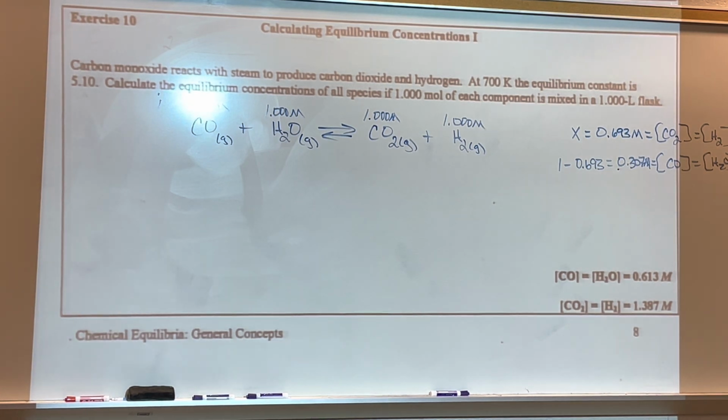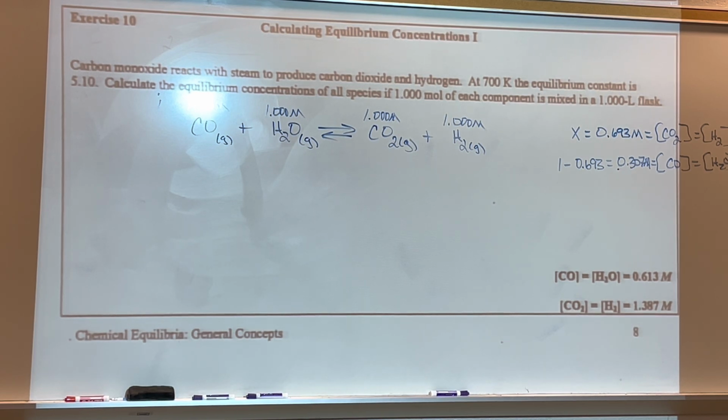But the way that we do this, if it's not quite as easy numbers, is we have to do this thing called the reaction quotient Q. Q is the exact same thing as K. It's the ratio, it's just not at equilibrium. So you plug in and find the value of Q and compare it to K. What's our value of Q if we plug in products over reactants? 1.